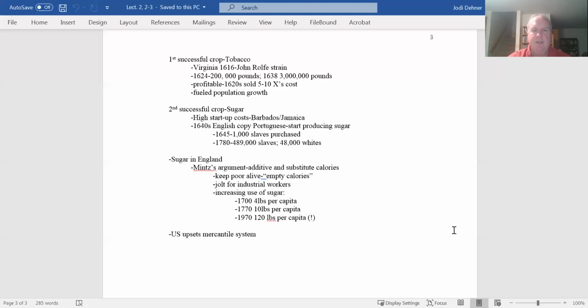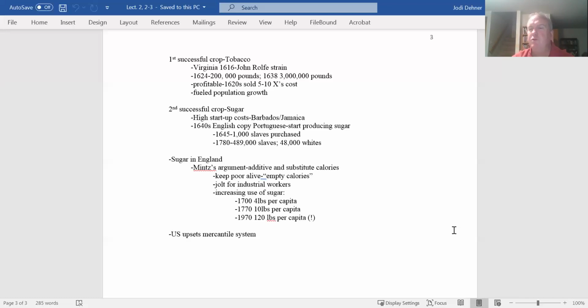So in 1700, every person in England and Wales consumed 4 pounds of sugar. By 1770, that had increased to 10 pounds of sugar per capita. It should also be noted that the population boomed between 1700 and 1770. So we're not only talking about more than doubling the consumption per capita, you're also having a lot more heads to distribute it around.